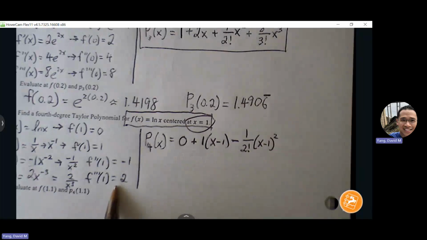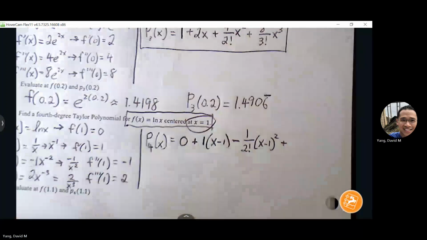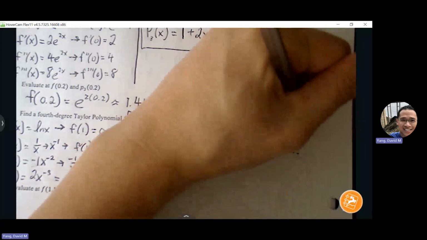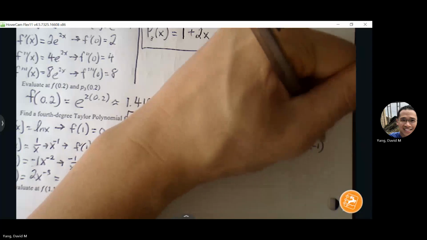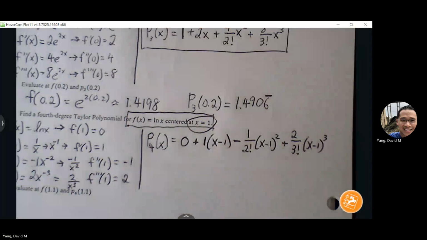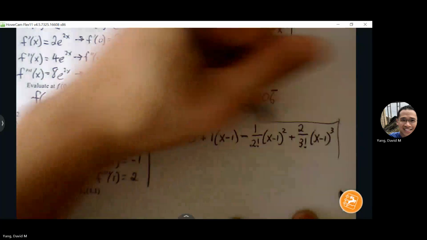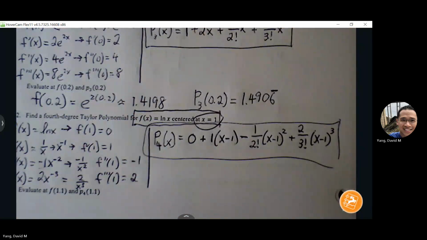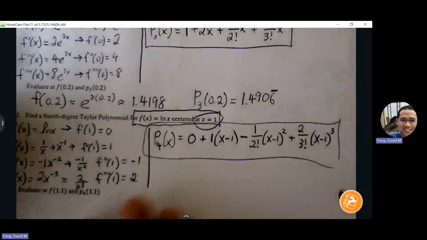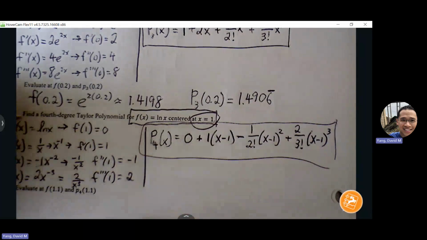Plus, now at the third derivative, yep, x minus 1 cubed, yep. Are we missing the fourth derivative? Oh, sorry, I didn't get to the fourth derivative. Thank you, I missed that part.